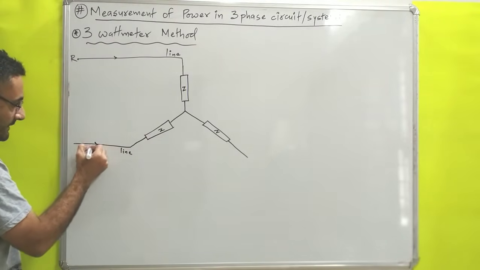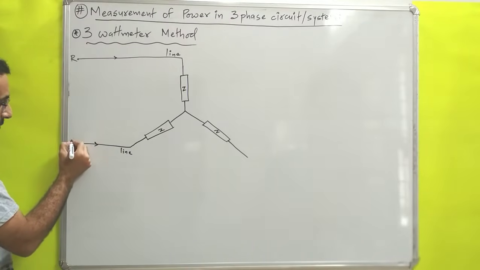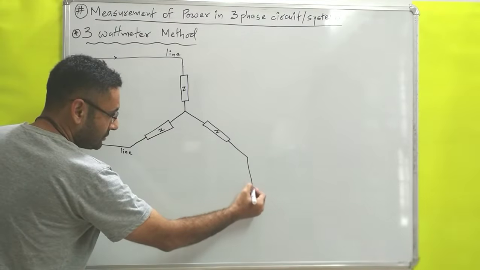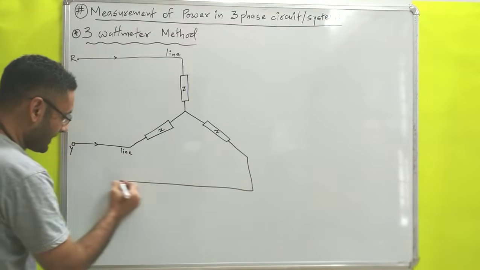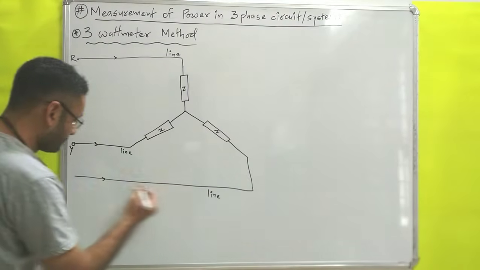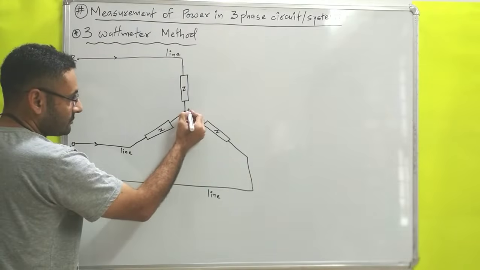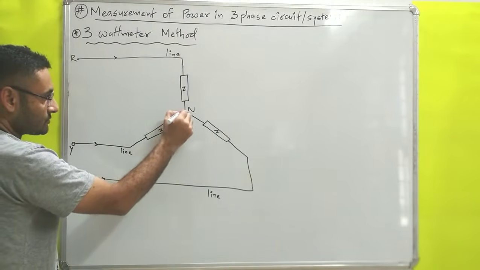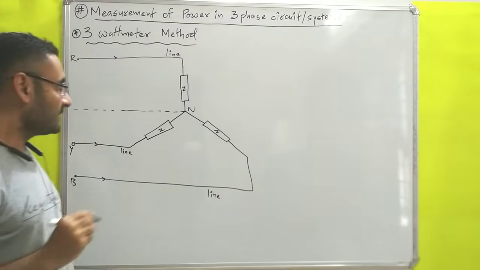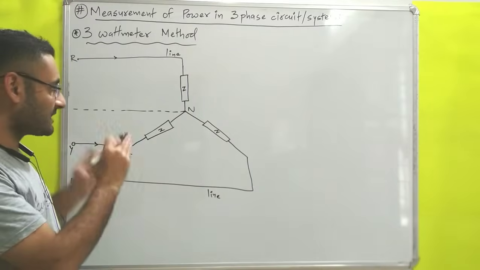That is your line from, suppose, the Y phase, and to the third load current is supplied with the help of one line conductor. That is your line from the B phase, and that is the common point, which is neutral. So over here I will show the neutral line. Okay. This is the type of three-phase system we have, which is star connected.